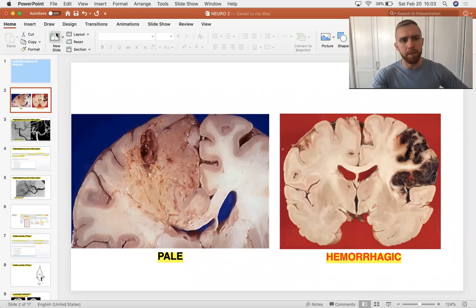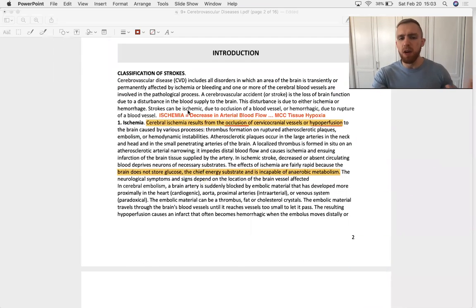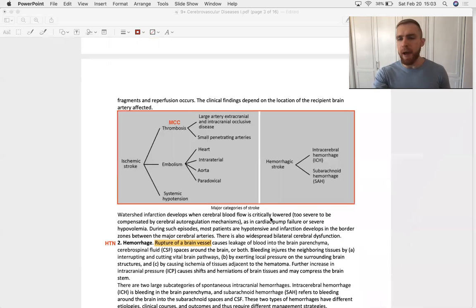Here's a pale infarction on the left-hand image and a red infarction on the right side of the screen. Now, the mechanisms for these two infarctions nearly one-to-one correlate with the mechanism of the stroke itself.